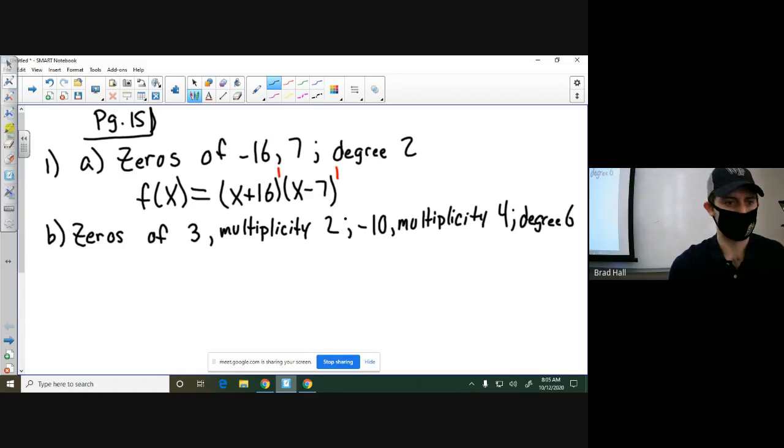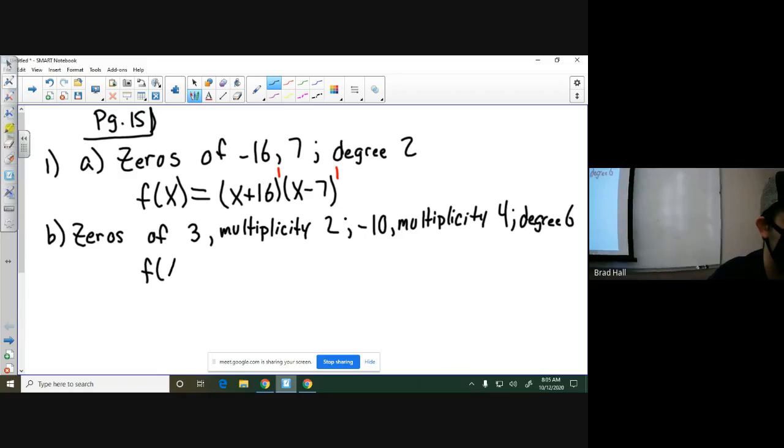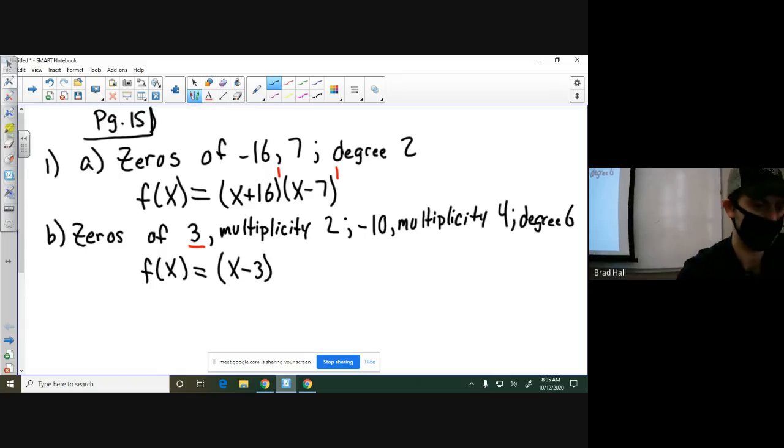So same idea. For each 0, we know what the initial structure is. So one of the zeros said was 3. So naturally, one of the factors is x minus 3. But then it immediately goes on to say that the multiplicity of that factor, which is just the exponent, is 2.